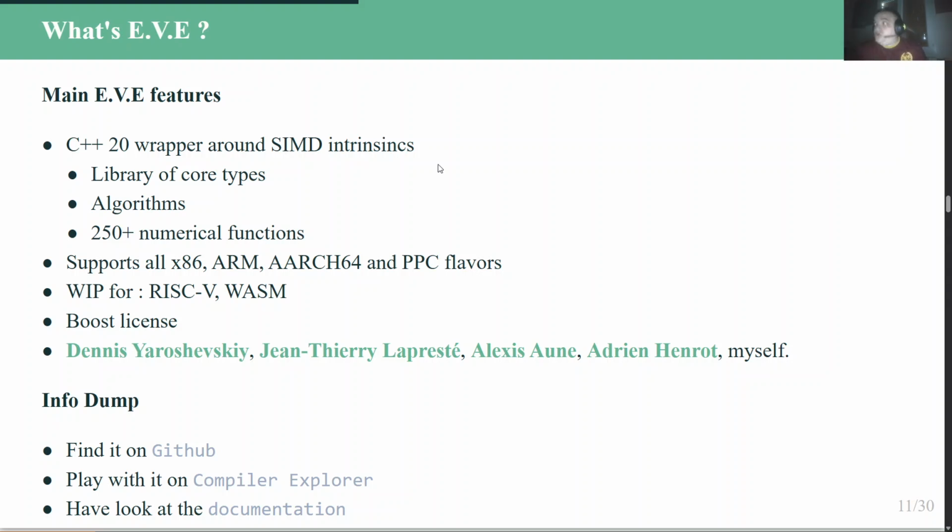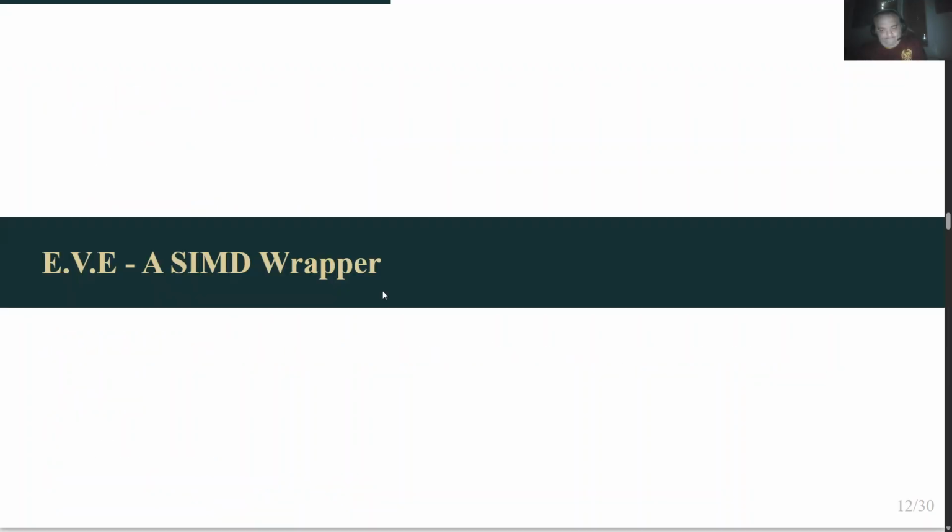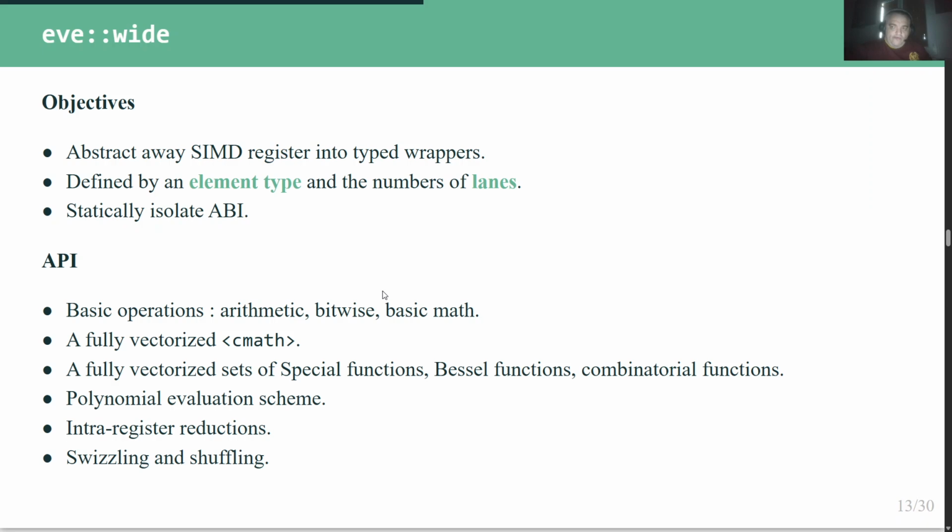How does it look? How does it help? Those are the big questions, and where can we go from there? So let's have a look at how we wrap things. The core type inside EVE is what we call wide.